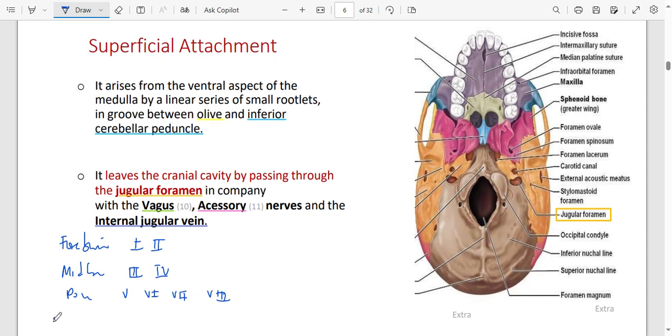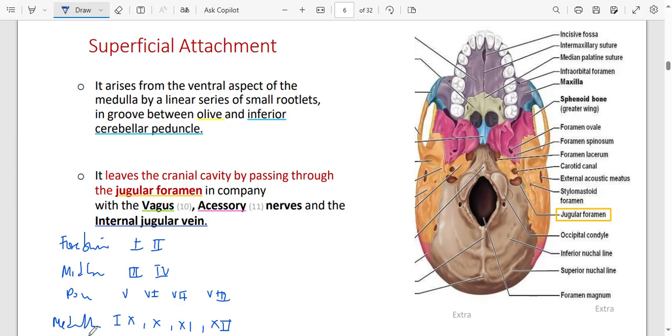And then you have got the medulla oblongata, where you have got 9, 10, 11, and 12. So this is how the cranial nerves exit: first 2 and second 2, next 4, and the last 4.